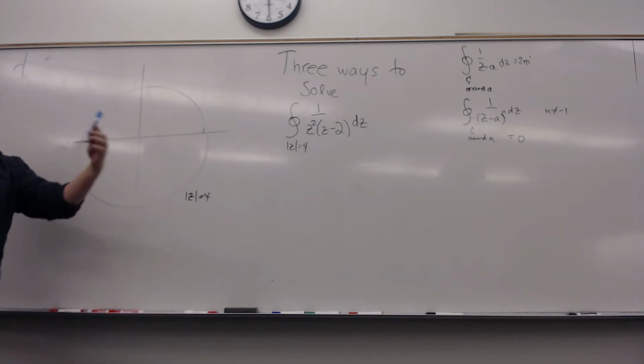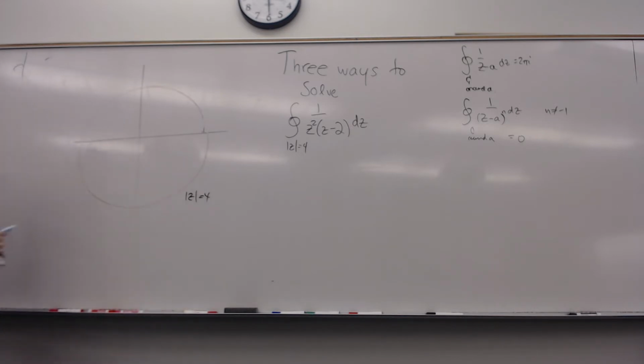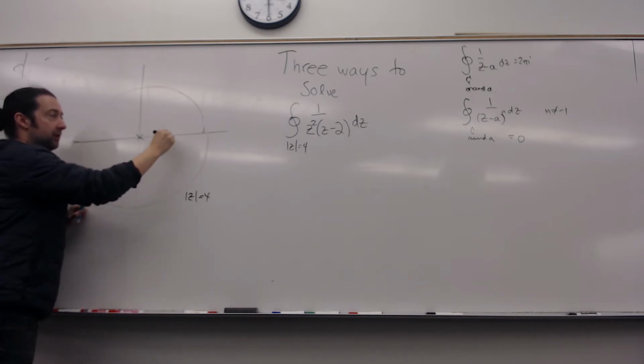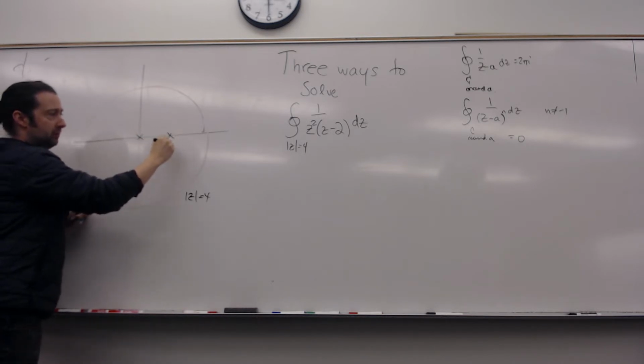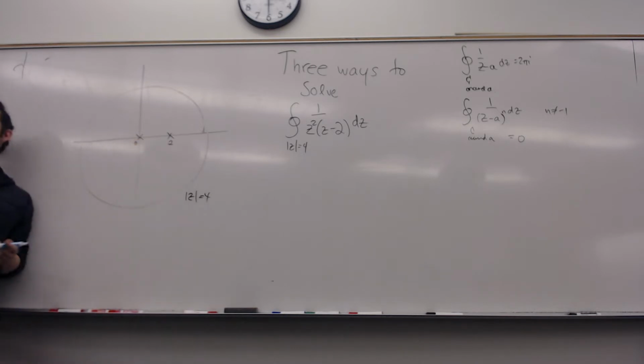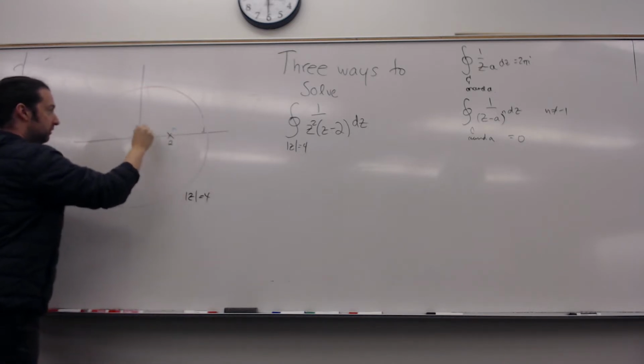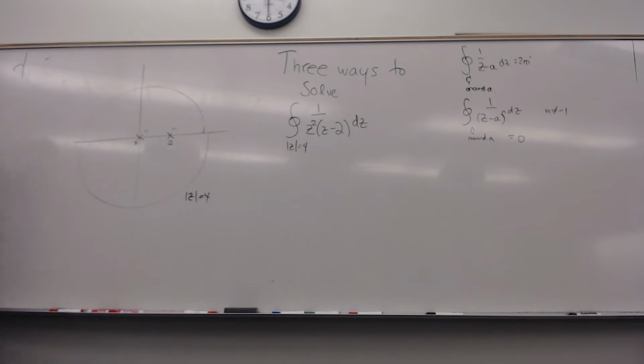I've never seen this color before. Let's try that one. Okay, and you have a singularity at 0 and a singularity at 2. The Cauchy theorem says, without any long explanation of what's going on with the contours in and contours out, this is equal to the integral around these two paths.